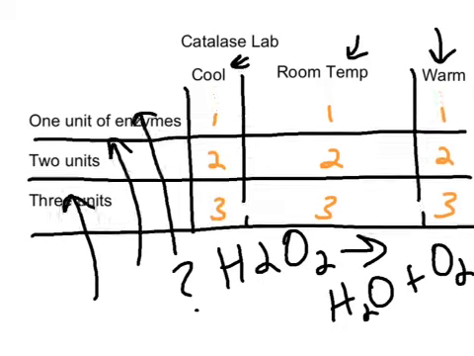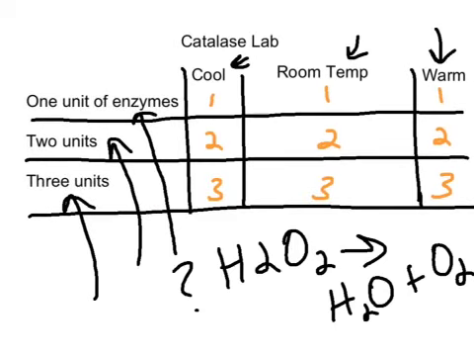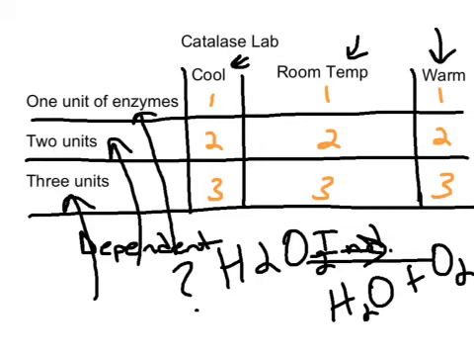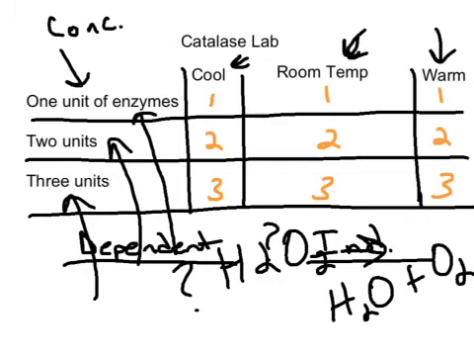Well, to decide which was dependent and which was independent, you had to ask the question, which of these variables, the temperature, the concentration, or the amount of oxygen produced was dependent on the other.